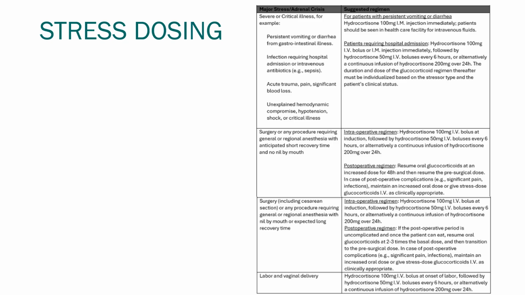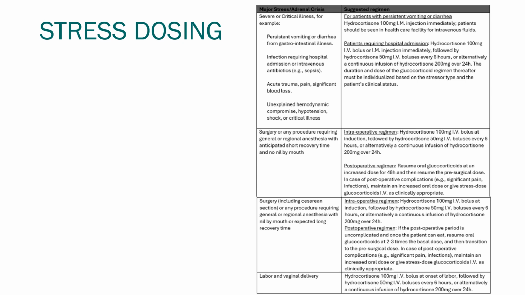So patients who have a severe or critical illness, so patients with vomiting and diarrhea, patients who have an infection that requires a hospitalization, acute significant trauma or blood loss, or any patient who has shock or critical illness, those patients really need 100 milligrams of IM hydrocortisone if they're getting that by themselves.